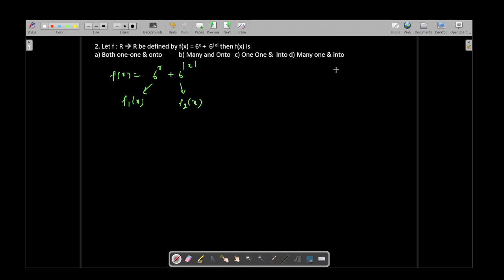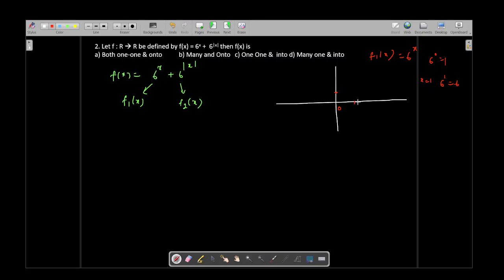So first I'll take f1 of x. If I put x is equal to 0 for 6 power x, you'll get 6 power 0, which is 1. So at 0, it is 1. And if you put x is equal to 1, it is 6 power 1, which is 6.